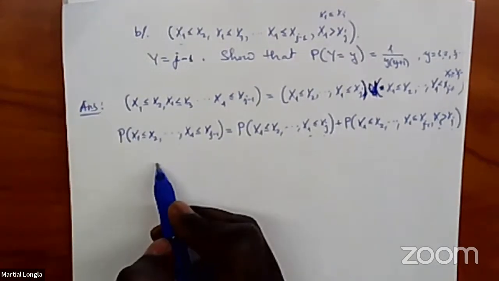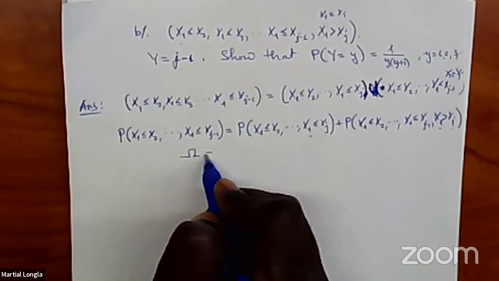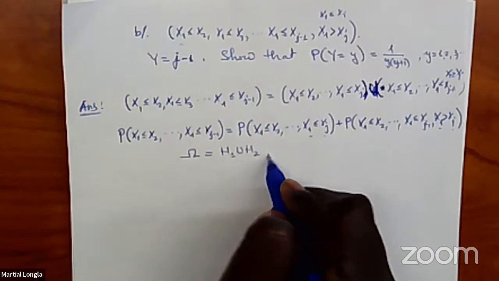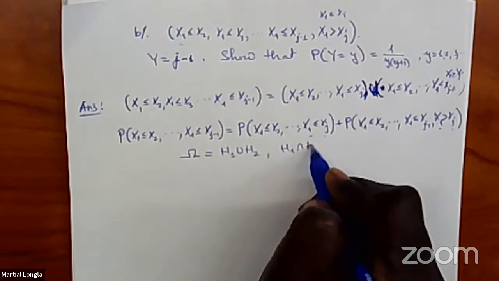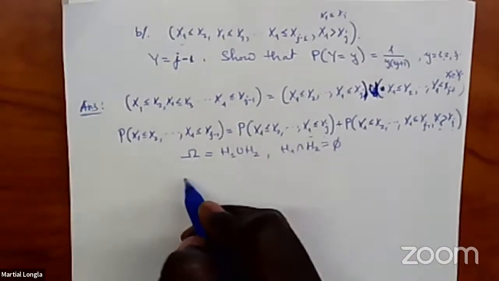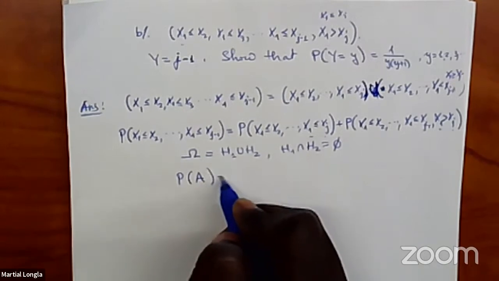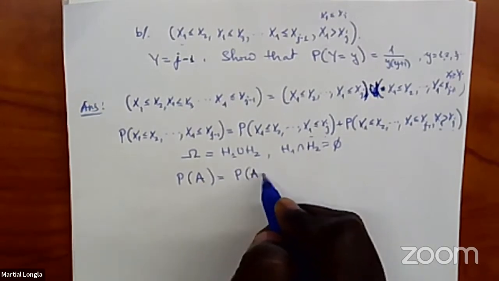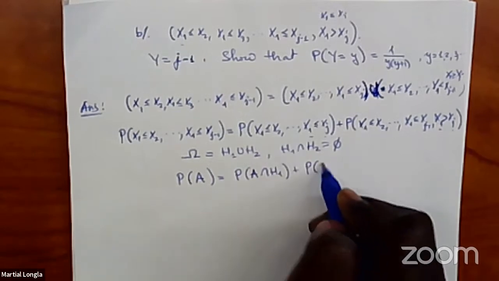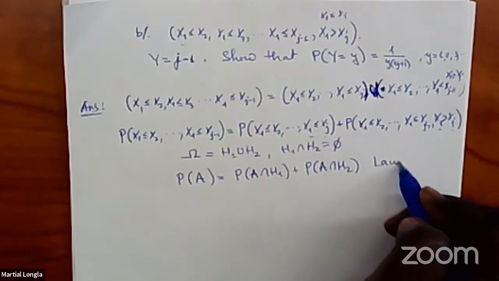And this is using the law of total probability: when omega is equal to h1 union h2, with h1 intersection h2 empty, the probability of A is equal to the probability of A and h1 plus the probability of A and h2. This is what we call the law of total probability.